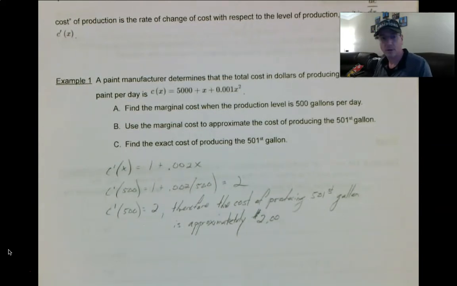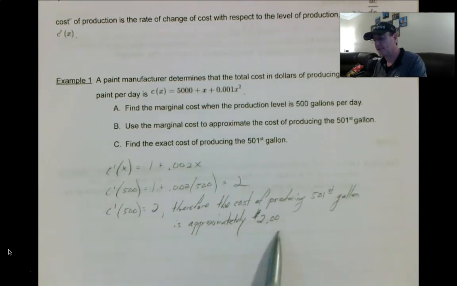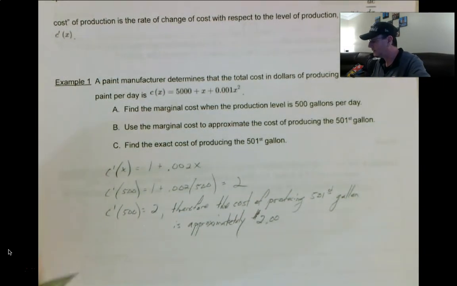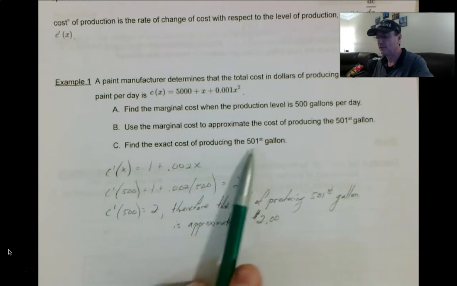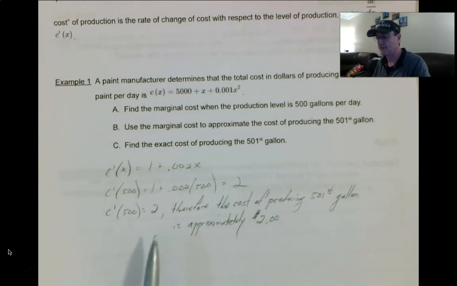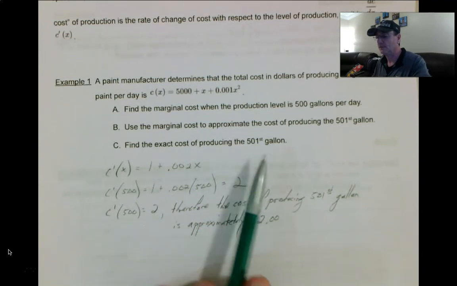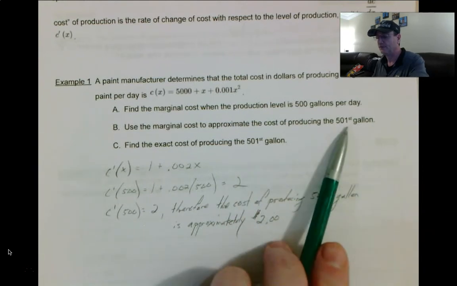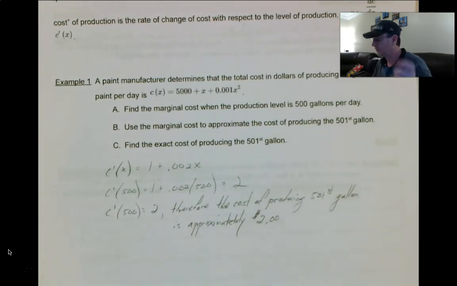Part B. This is part A, this is part B. We just found part A, an approximation of the cost of producing the 501st gallon. For part B, find the exact cost of producing the 501st gallon.